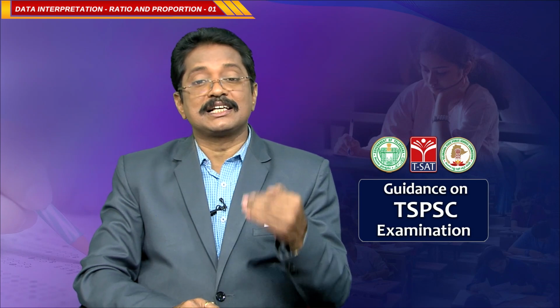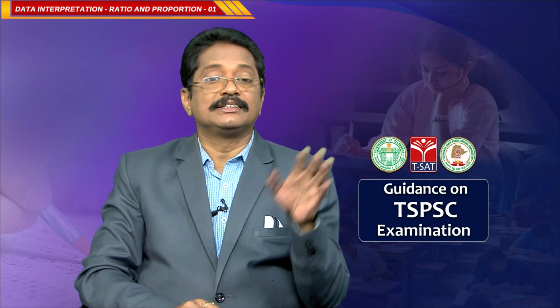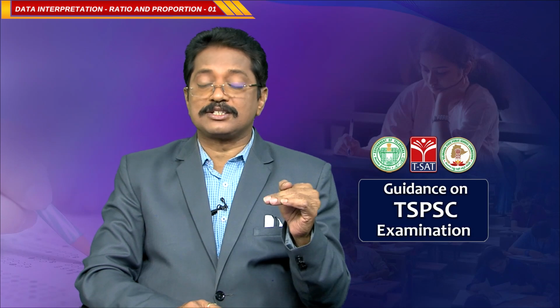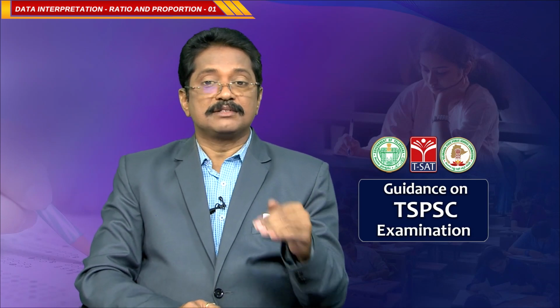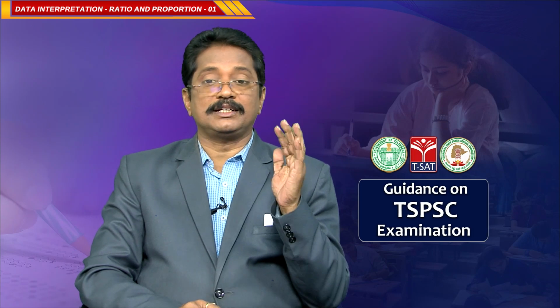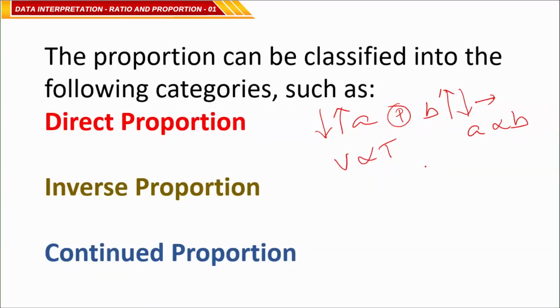Here one quantity increases, the other quantity also increases. One quantity decreases, the other quantity also decreases. Then that relation is simply called direct proportion. Clear? Simply, A is proportional to B. When A is proportional to B, we can say A equals KB, or A1 equals KB1.